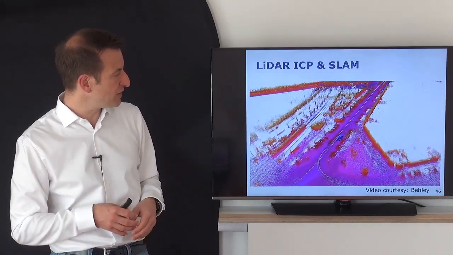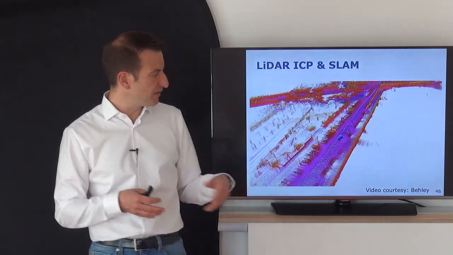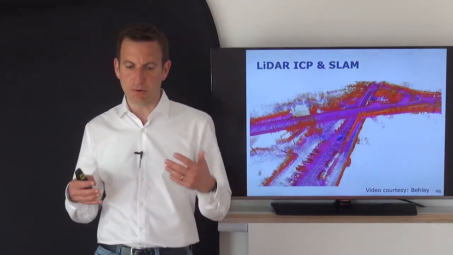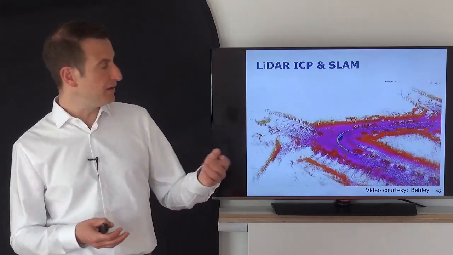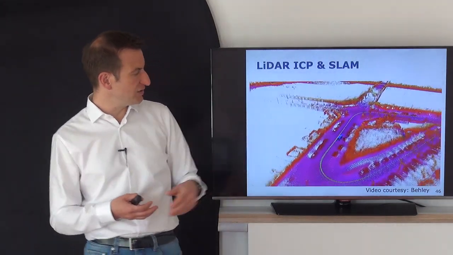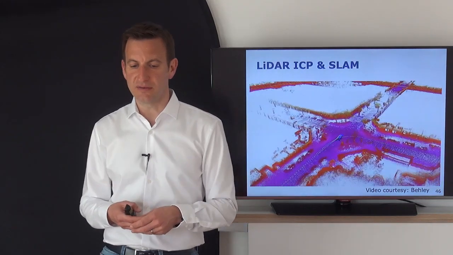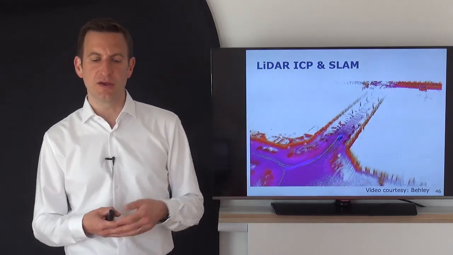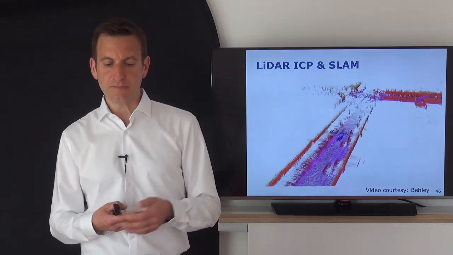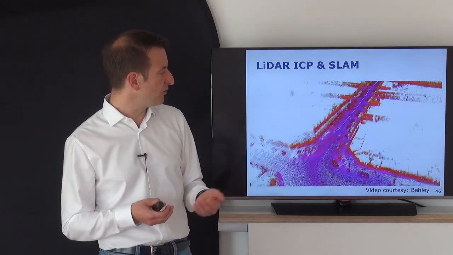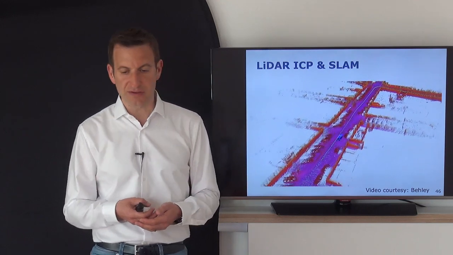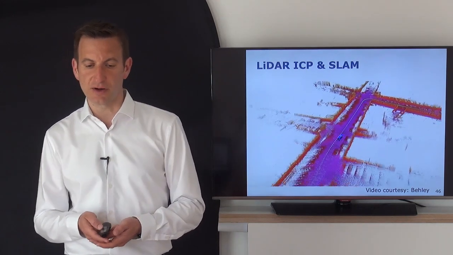You saw the map shaking a little bit, and this was an optimization of the pose graph, something we will look into later in this course. But most of the registration you can see here was done using the ICP algorithm. So you can build consistent maps over extended periods of time using this technique, and it's a key ingredient for a lot of those SLAM systems which are out there.